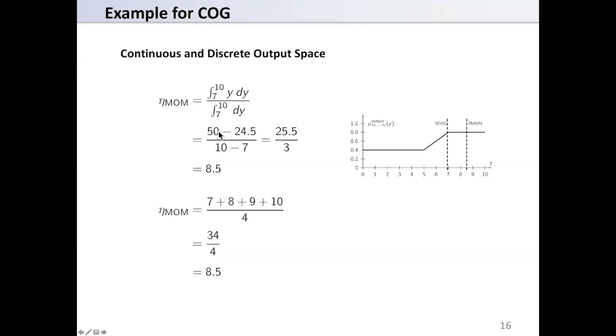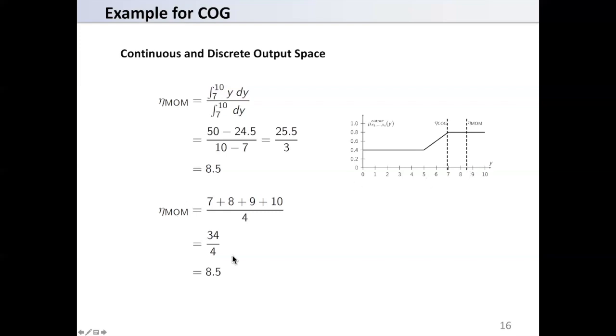So we have 50 minus 24.5. And for dy, the integral is equal to y, evaluated at 10 minus 7. So this is 3. The result is 8.5. So the mean of maximum is 8.5 for the continuous case.